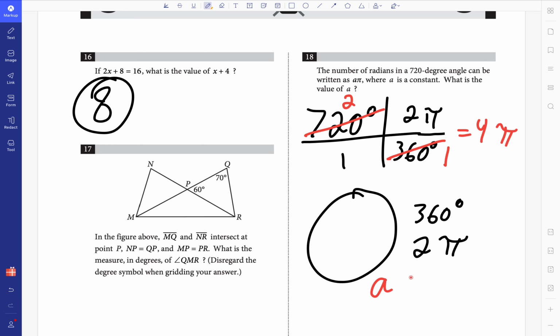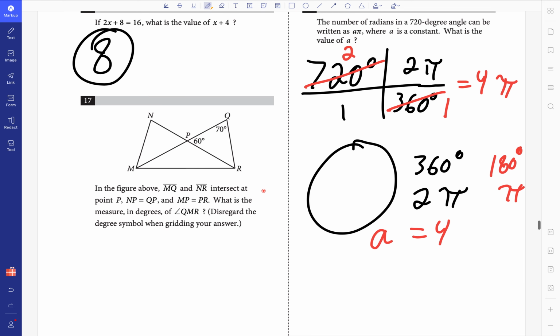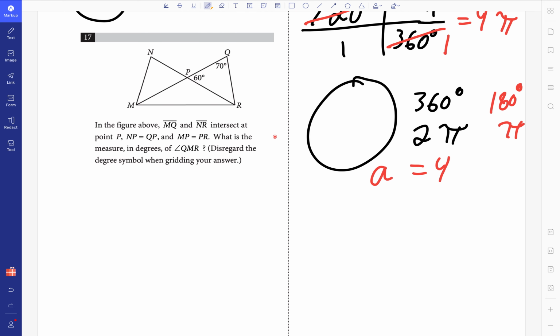Therefore, a equals 4. The one thing that you want to understand: for every 360 degrees, there are 2 pi's, and for every 180 degrees, there is 1 pi. That's the whole unit circle thing, and radians and degrees and the conversion, and mathematics and calculus and physics, but that's completely outside. We're just trying to take the SAT.